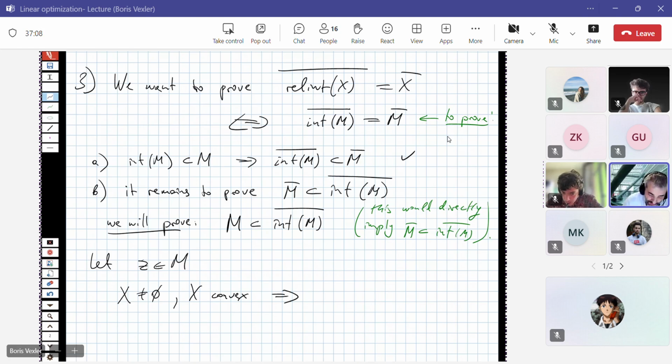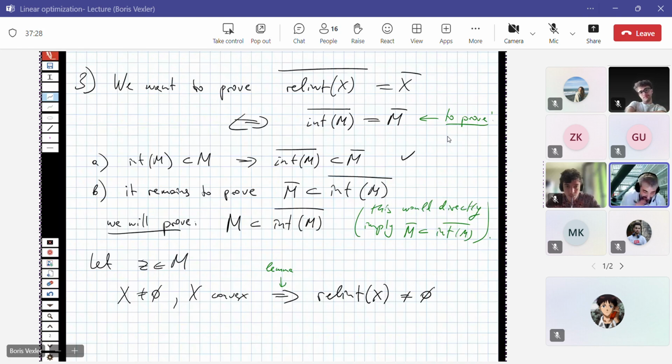And therefore, you remember, it was our first lemma in this subject, from last time or two lectures ago, that in this case the relative interior of X is also not empty.